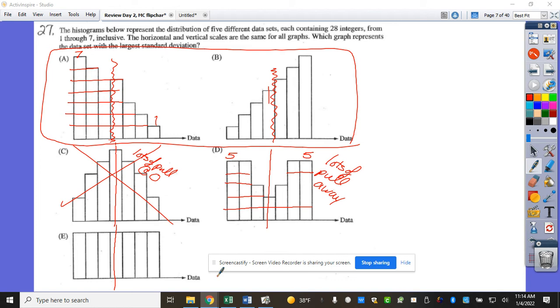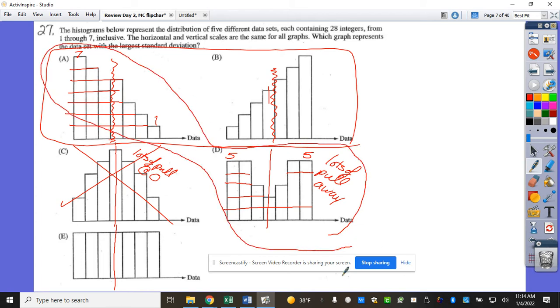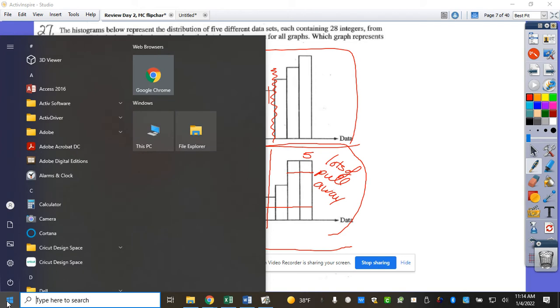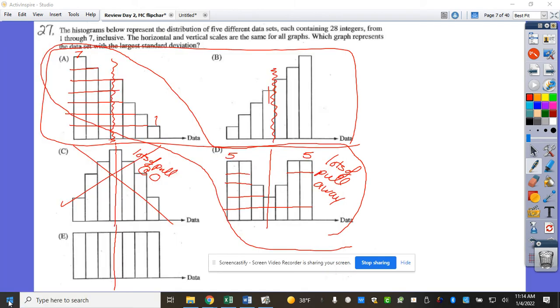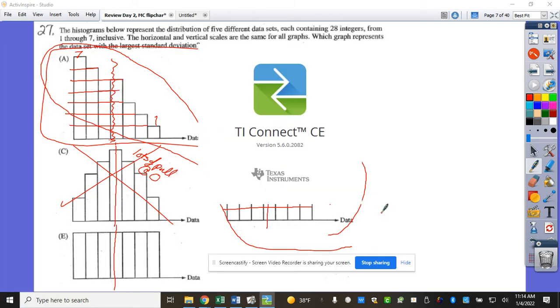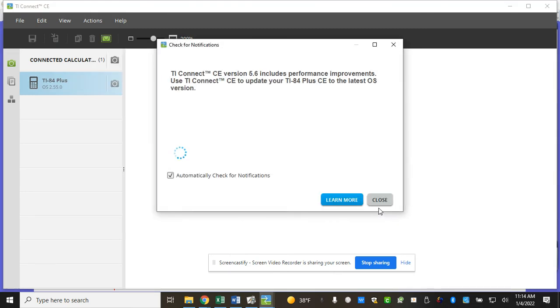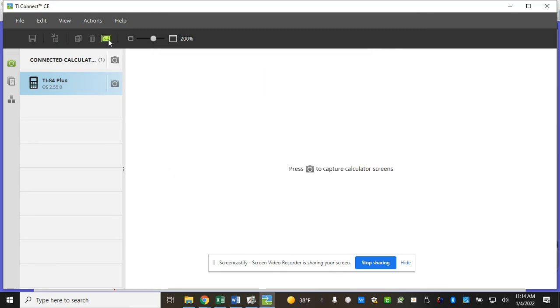So like, let's say I'm stuck between A and B. Now I'll make it easier and say D and A. I can go in, like I said, this is definitely a long way to do it. And there's an easier way to do it, but I don't want to confuse people.